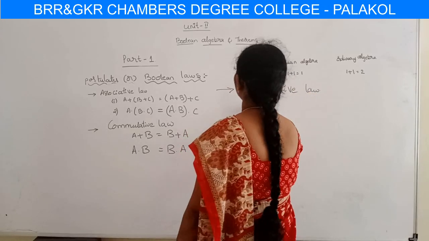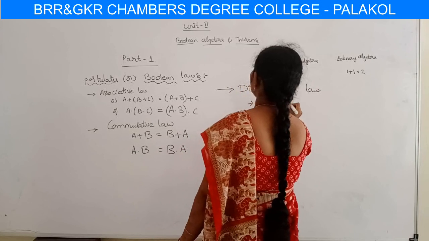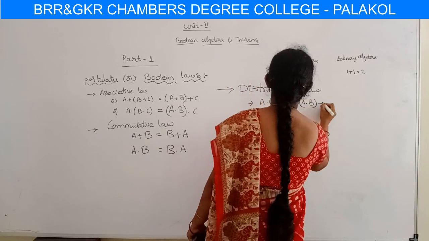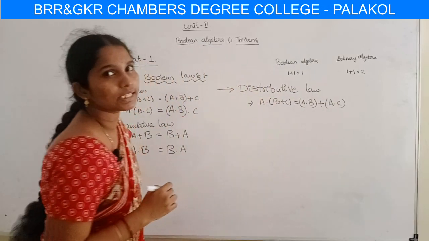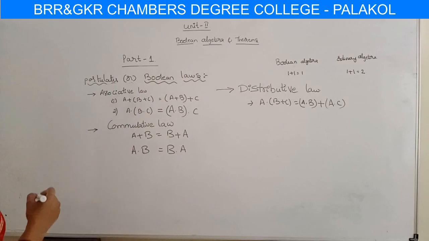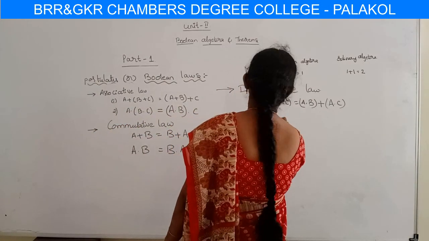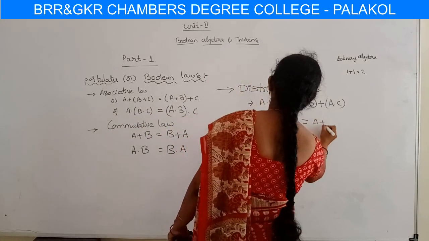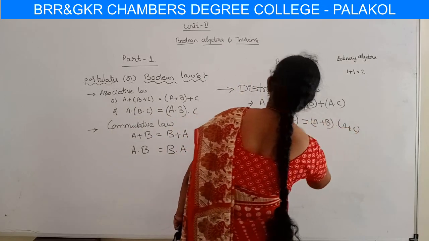Here the distributive law is A dot (B plus C) is equal to A dot B plus A dot C. The next law is A plus B dot C is equal to (A plus B) dot (A plus C).